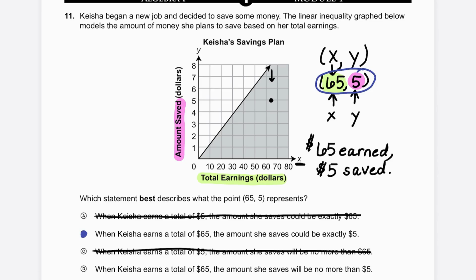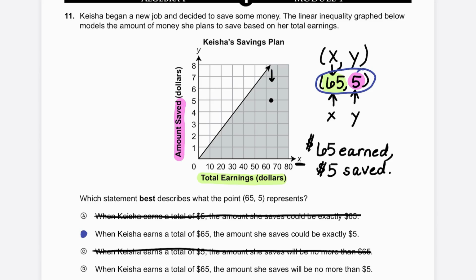The reason why it is not D is because we're not interpreting an inequality. We're interpreting a concrete point. We're interpreting (65, 5). We're not interpreting something with a less than or a greater than symbol. So that's why we would not select D: when Keisha earns a total of $65, the amount she saves will be no more than $5.